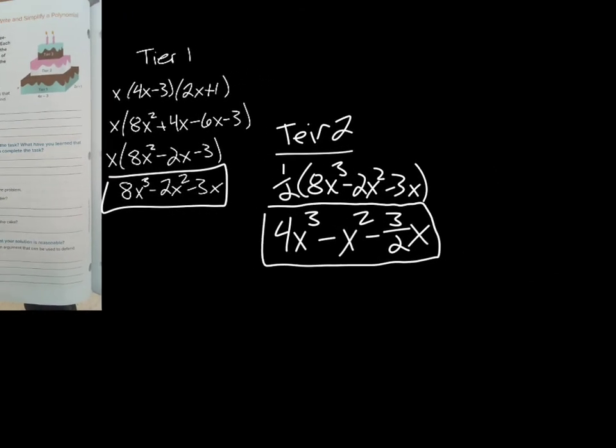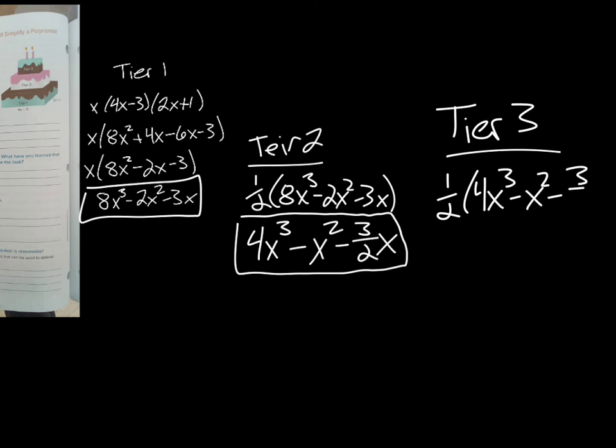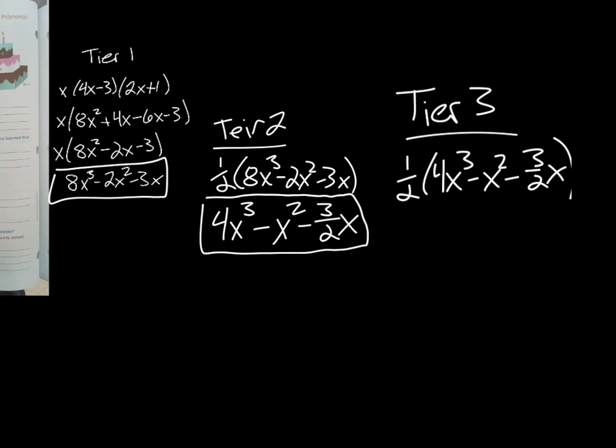What about tier 3? How do you find that? Same thing we just did, except for the numbers. So tier 3's volume is half the volume of tier 2. It's the same thing, except we're using tier 2 now. So 2x cubed.